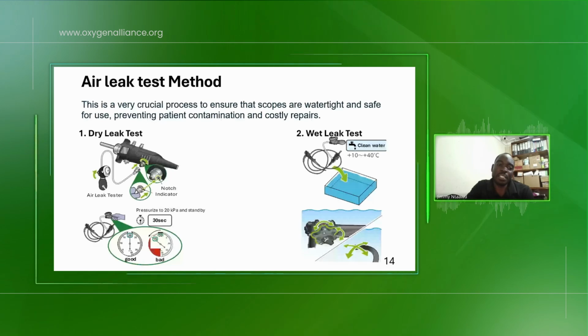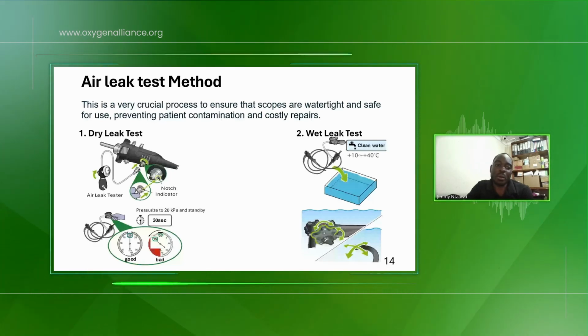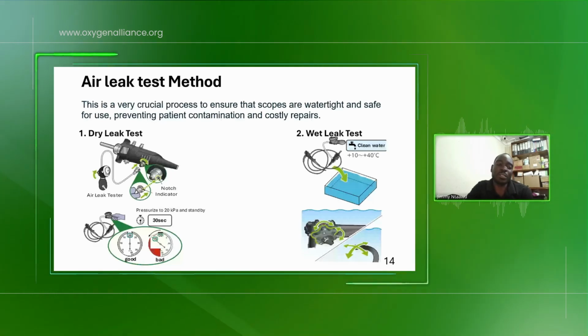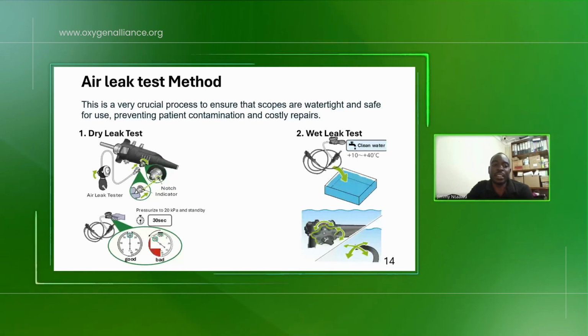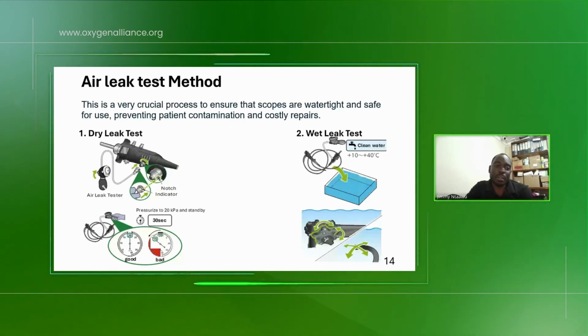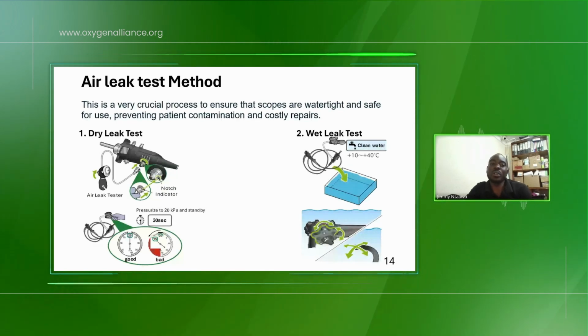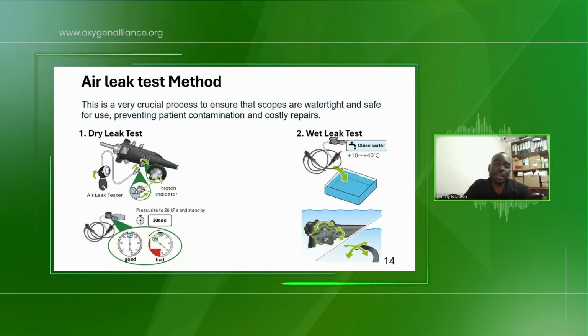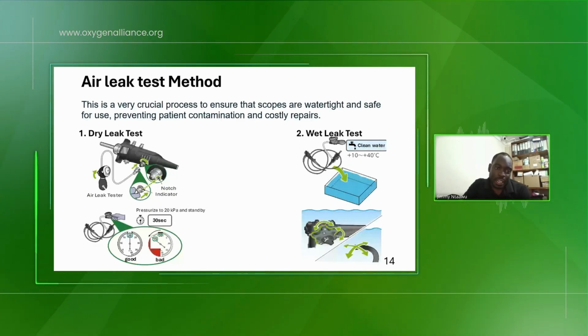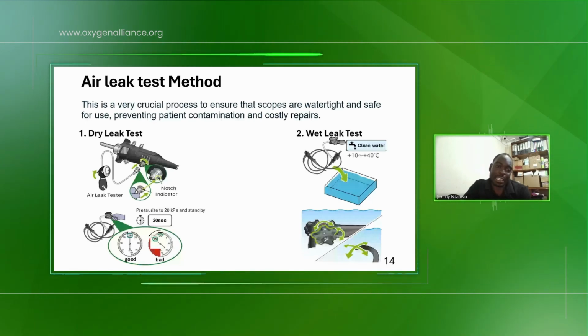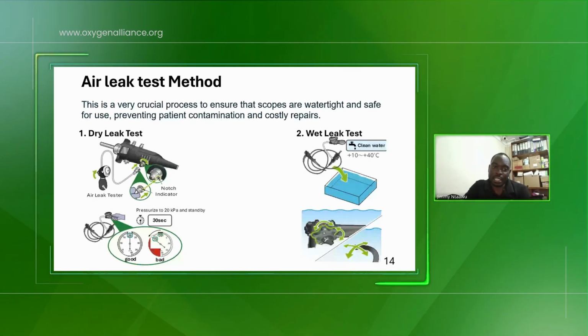We have seen that inside the scope we have cables, wires for the camera, and light guides. If this water escapes into the scope, it's going to damage these areas, and they're going to turn into what we call major repairs. Major repairs are those related to the camera, the light guides, things like that, which are sophisticated.